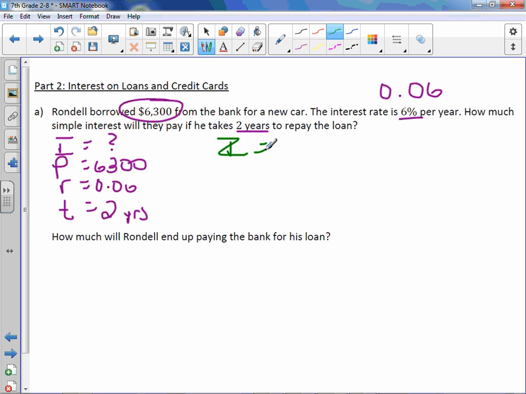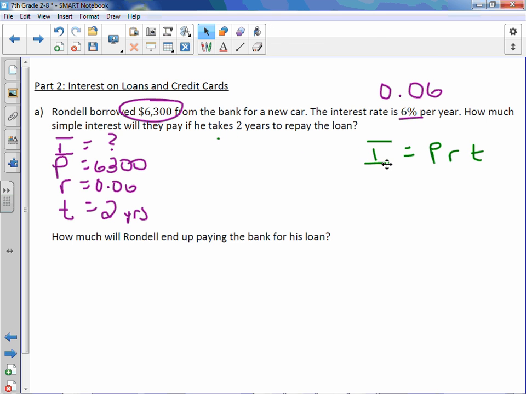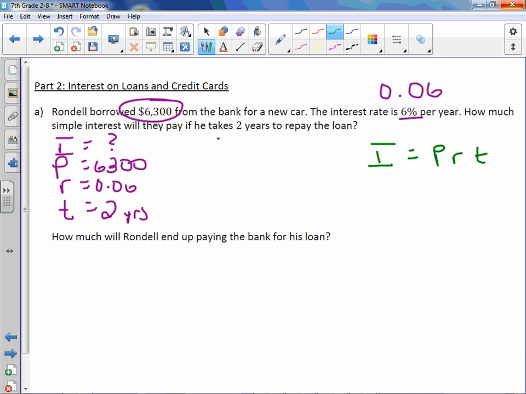I equals PRT. Actually, I'm going to move this over slightly so I have more room. I'll do my work over here. I equals, the principal is $6,300. The rate is 0.06, and the time is 2 years.